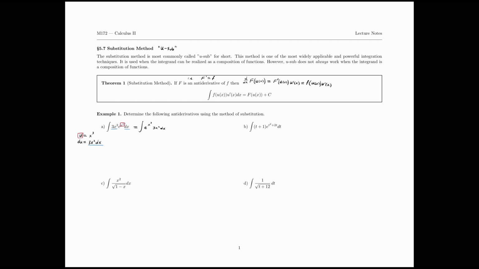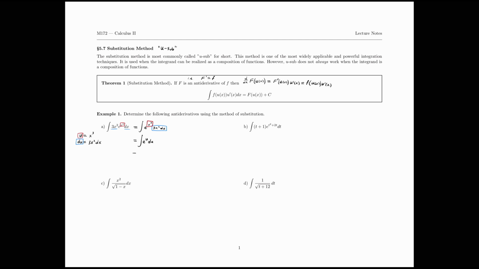So then you really have this piece here, which will get replaced with a du, and then this box around x cubed gets replaced with this u. So then you can just swap them out. So, let's write that down properly, integral e to the u du.